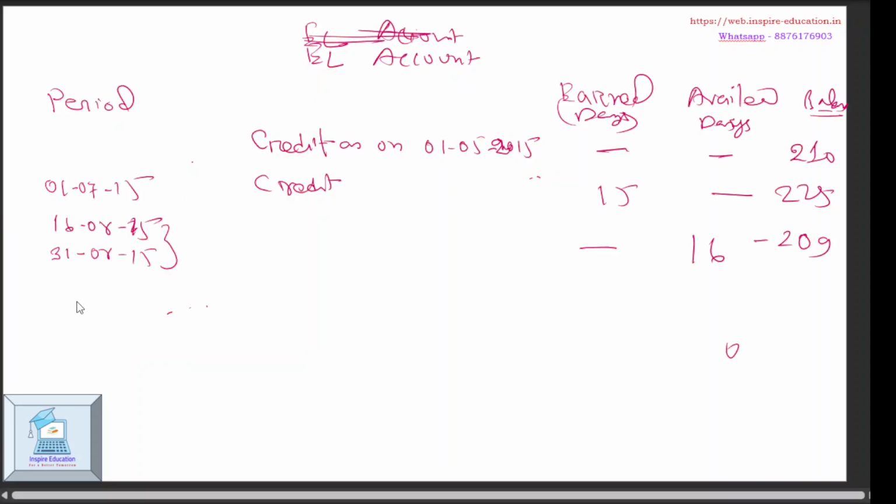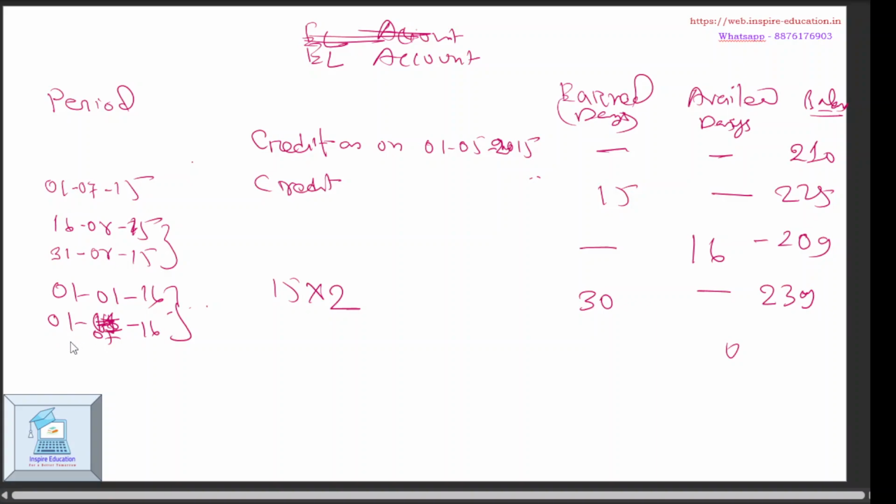Before that, on January 2016 and July 2016, in both, 15 days into 2, 30 days will be credited, so it will be 239.